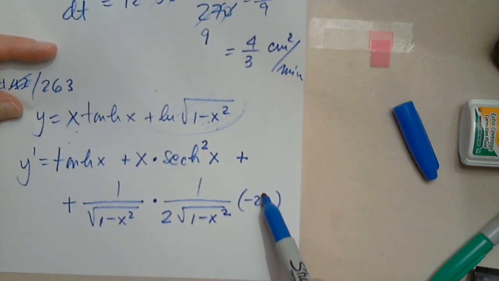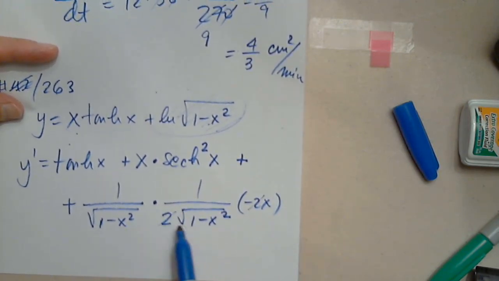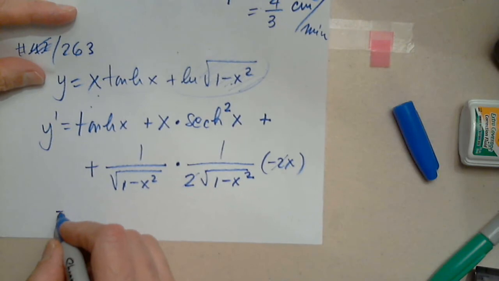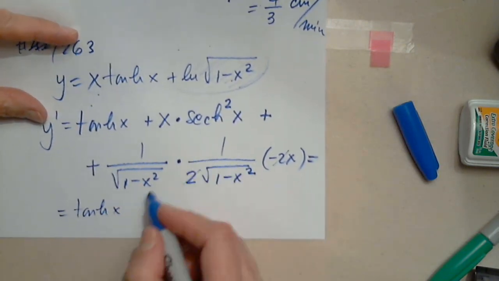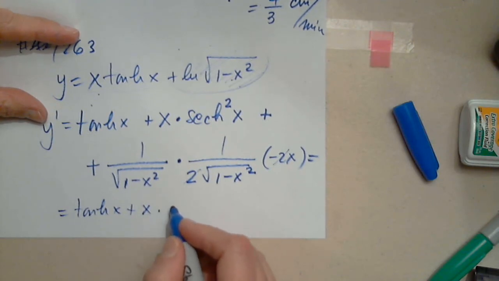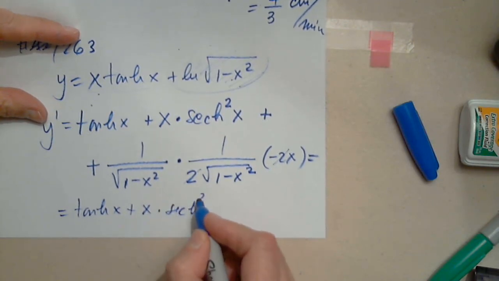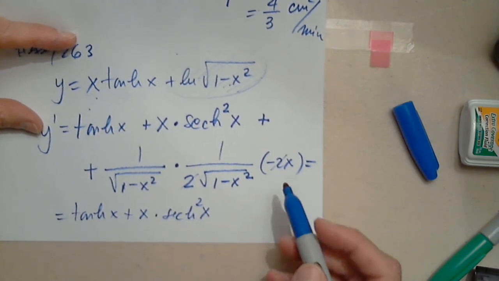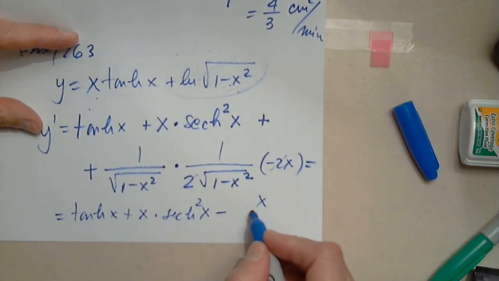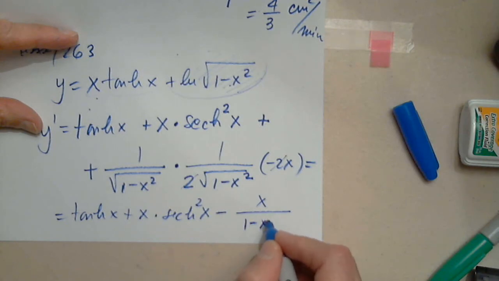I can simplify a little bit, and I'll get an expression without the square root. So I will copy hyperbolic tangent plus x times hyperbolic secant squared x, and then this is just minus x over 1 minus x squared.